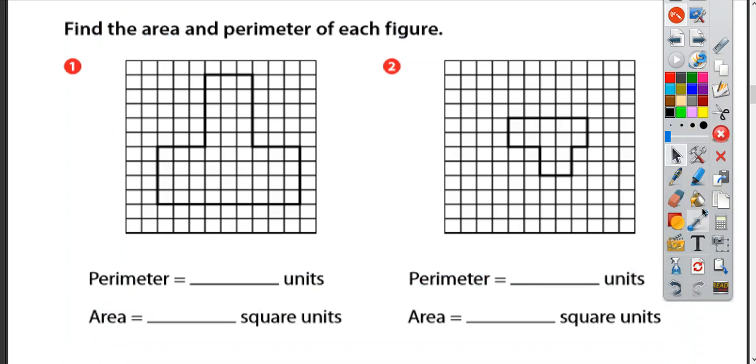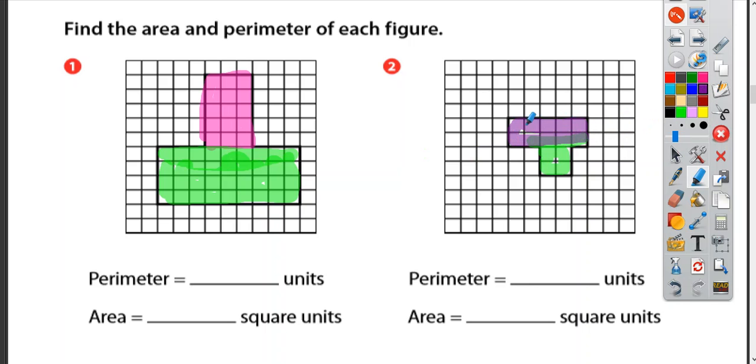To find the area, you will count how many tiles are inside, or you can partition it into two figures, figure A and figure B. So this is how to find the area. Just partition it into two figures. This is one figure and this is the other one. Then just find the area.